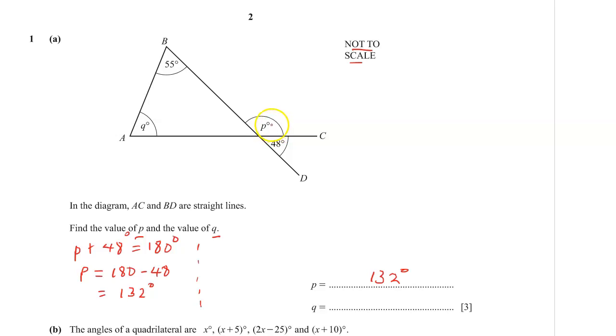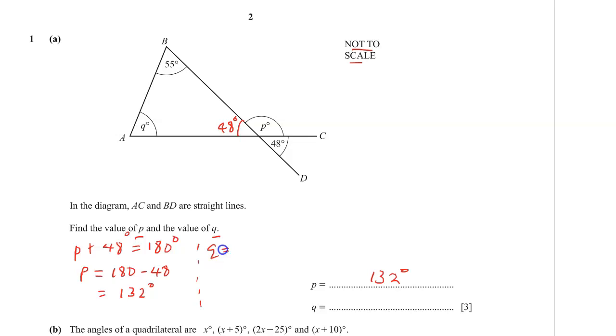We know what P is, therefore we can know what this angle here is. This angle is vertically opposite to this angle, which is 48. So this angle is 48 degrees. It's vertically opposite to this. Therefore, Q is equal to 180 minus this plus this angle, 55 plus 48.